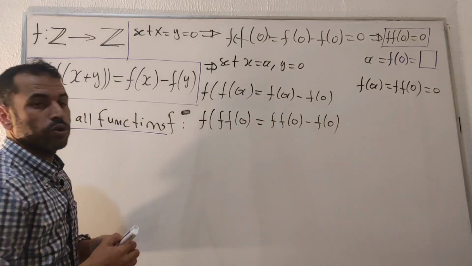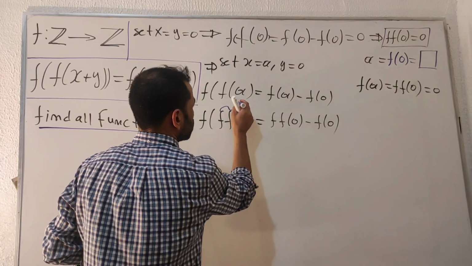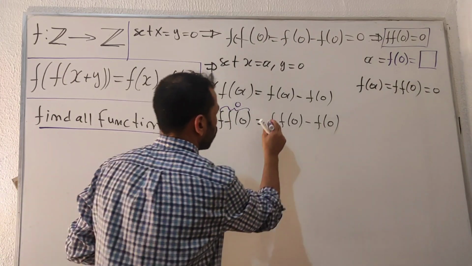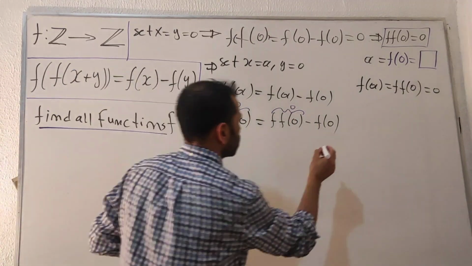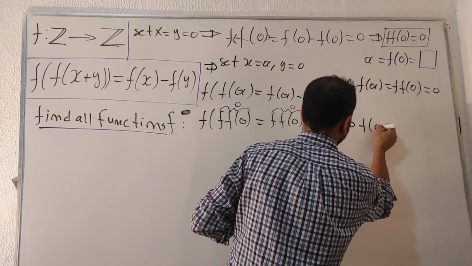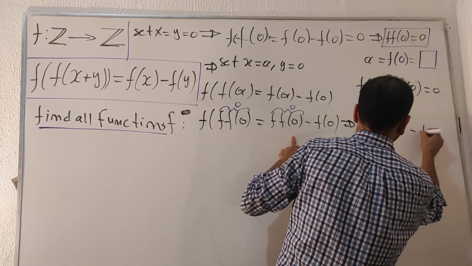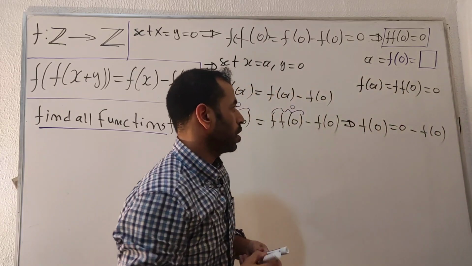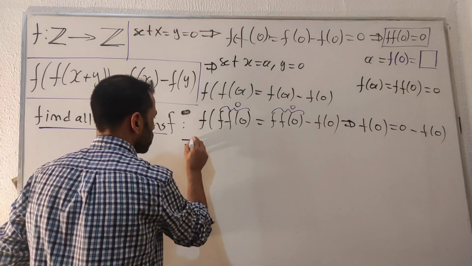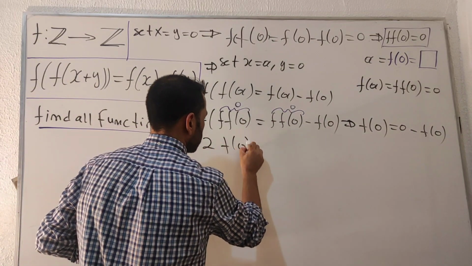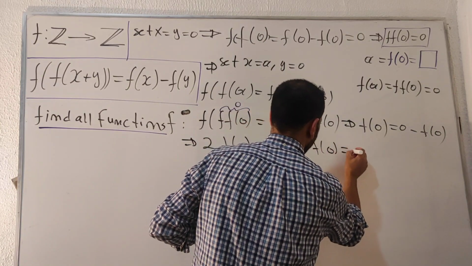If you take a look inside of this one, f of 0 equals 0, which means I get f of 0 equals 0 minus f of 0. Let's take this minus f of 0 to the left, and I will have 2 times f of 0 equals 0. Thus f of 0 equals 0.